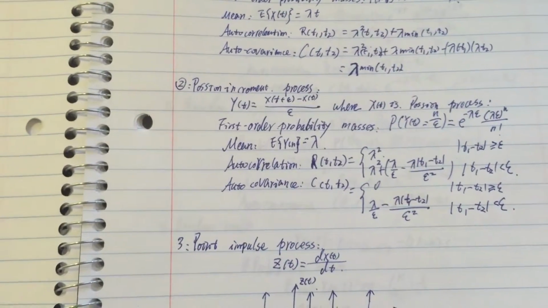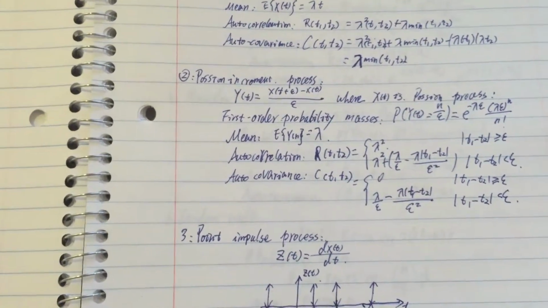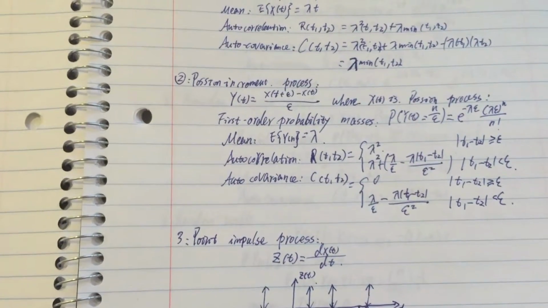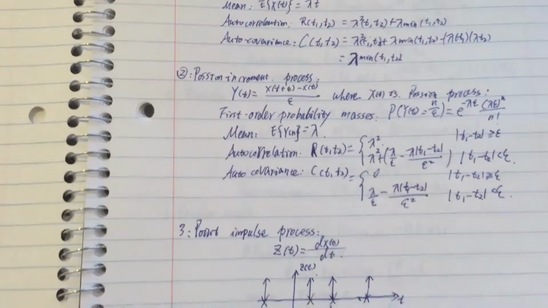The point impulse process is Z(t) equal to dX(t) over dt. We can see it in this graph.